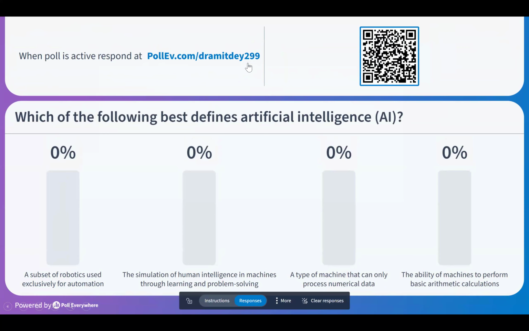Just give me a second to activate this. I want everybody to start scanning this QR code. Once you scan, this question will appear on your screen in some time. Just scan and keep it. Allow me to activate this. Once this is active, you will get it.